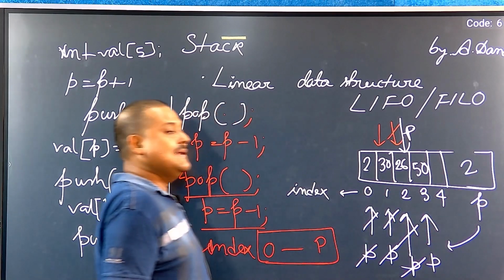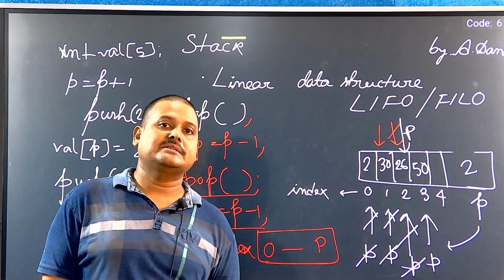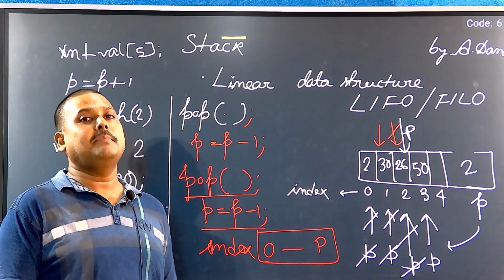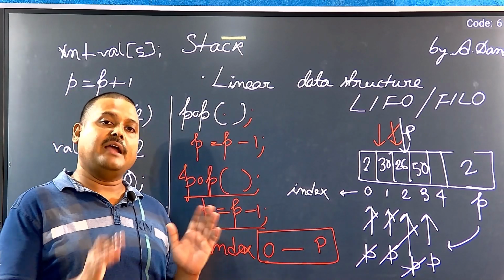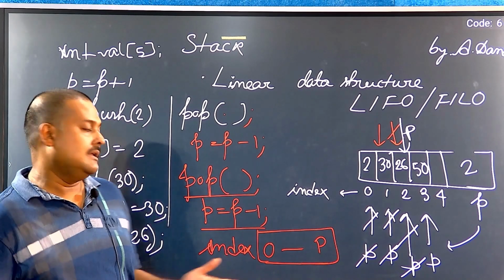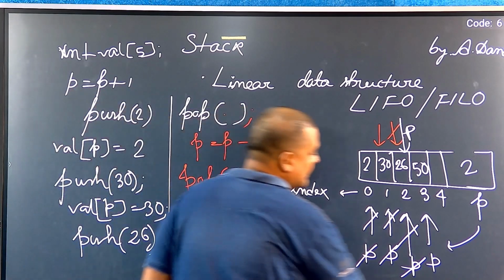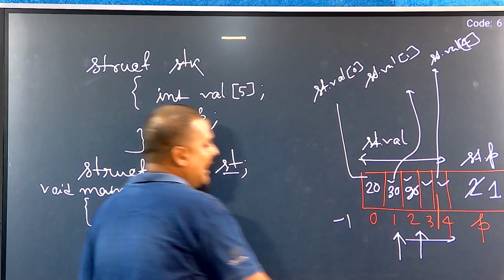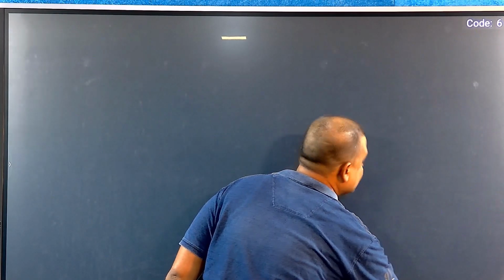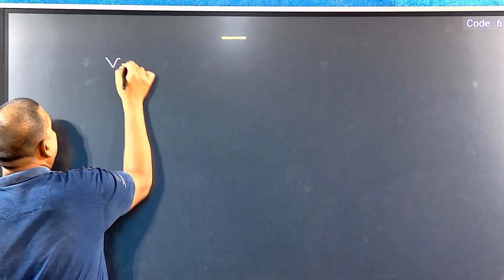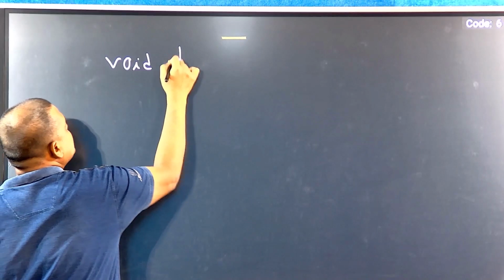If I want to display the elements present in my stack, then what we will do? We will simply print the values from 0 to p, and in that way we will display the values. So, how can we implement it? Let us have a look. Having void display.